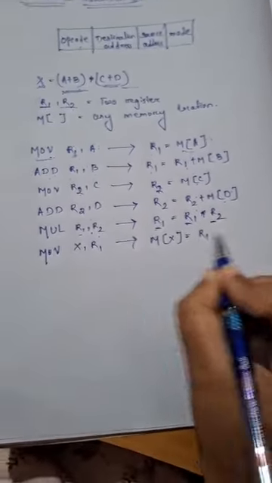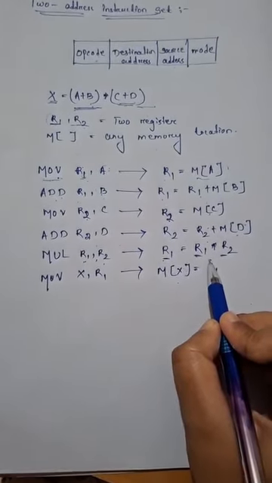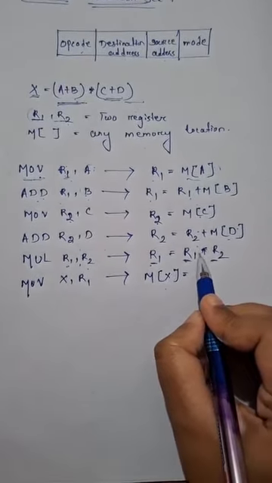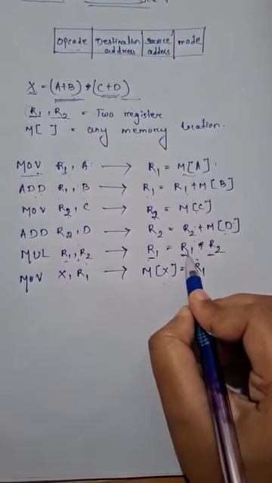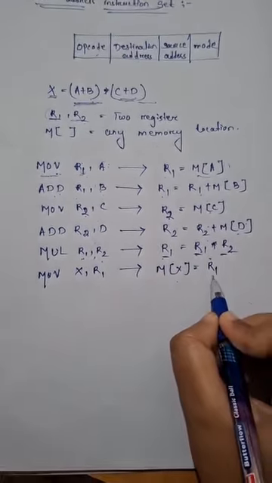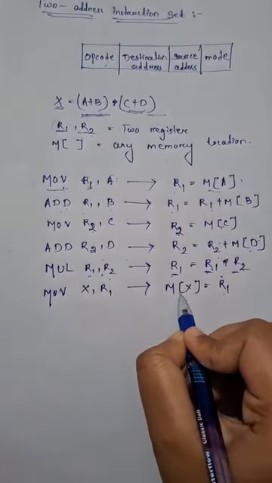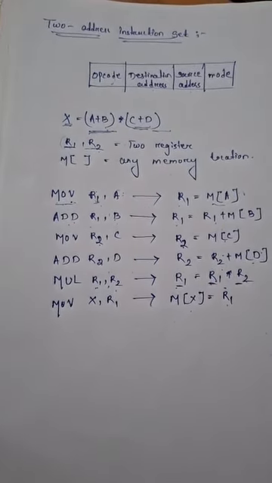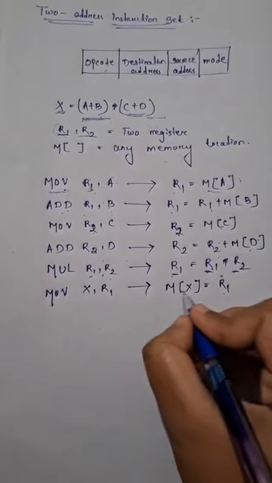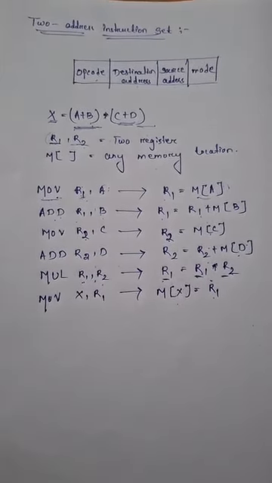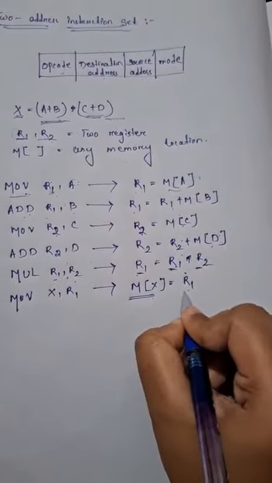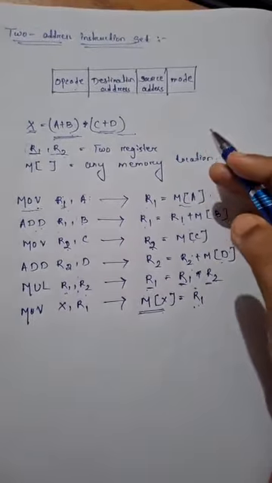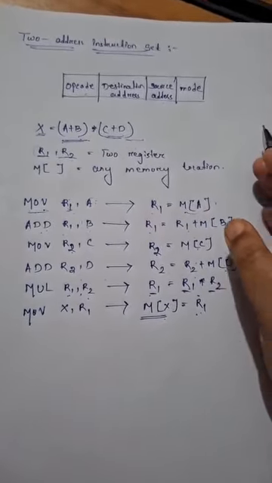This operation means the value that is stored in the R1 register after the multiplication of R1 and R2, that value will transfer into M of X. Means X is the destination address, M of X the memory location of X, and finally our operation of two address instruction set is completed.